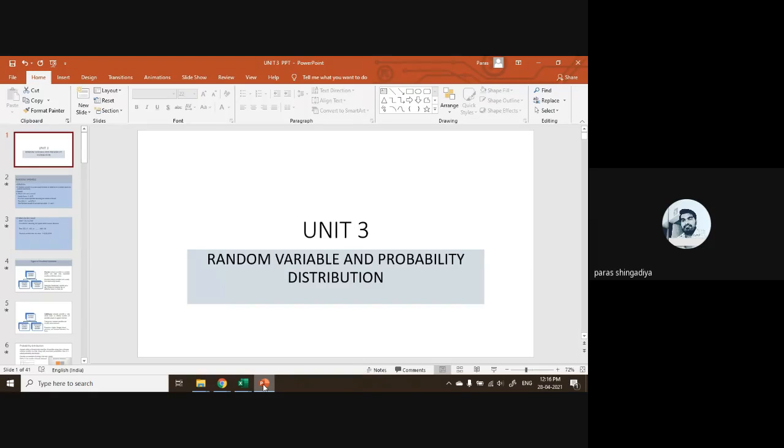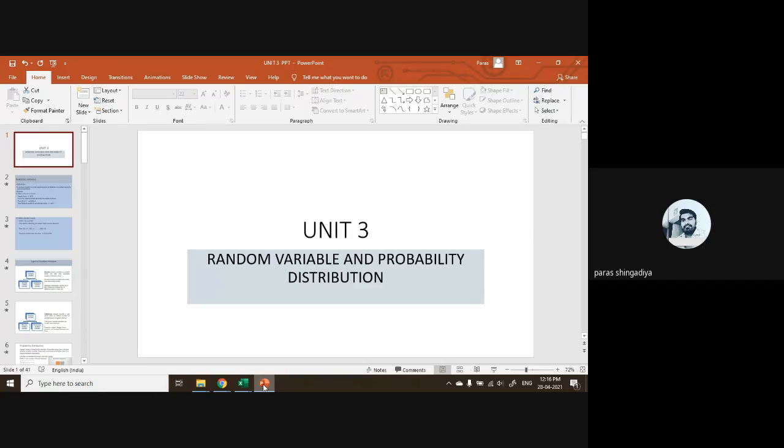Now today we'll start the third unit of the statistics part, that is random variable and probability distribution. It is also a very easy concept, with 3 to 4 formulas.